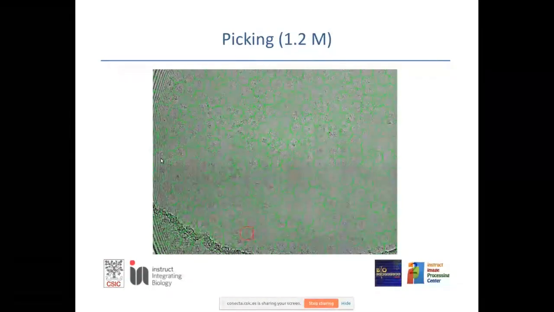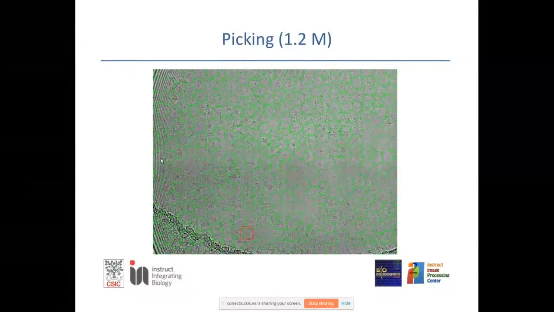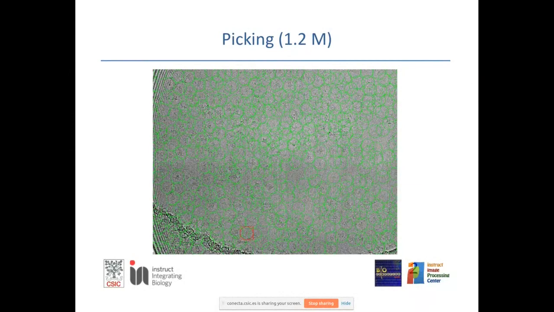But actually that was not the case. And I was also very surprised with that. I think it goes again with this idea of the ice. So if your perturbations from ice or aperture are not that strong that they prevent the particle alignment, they don't matter.